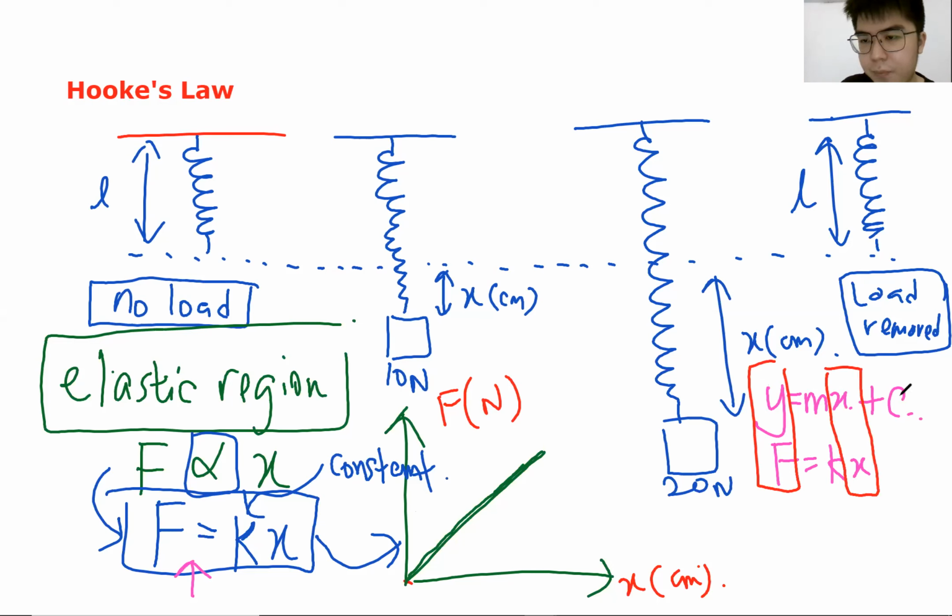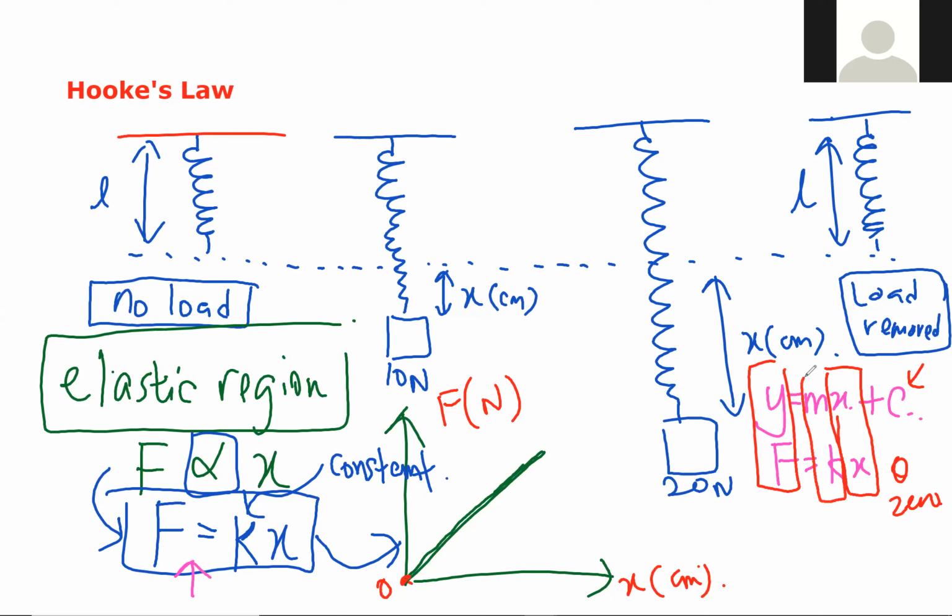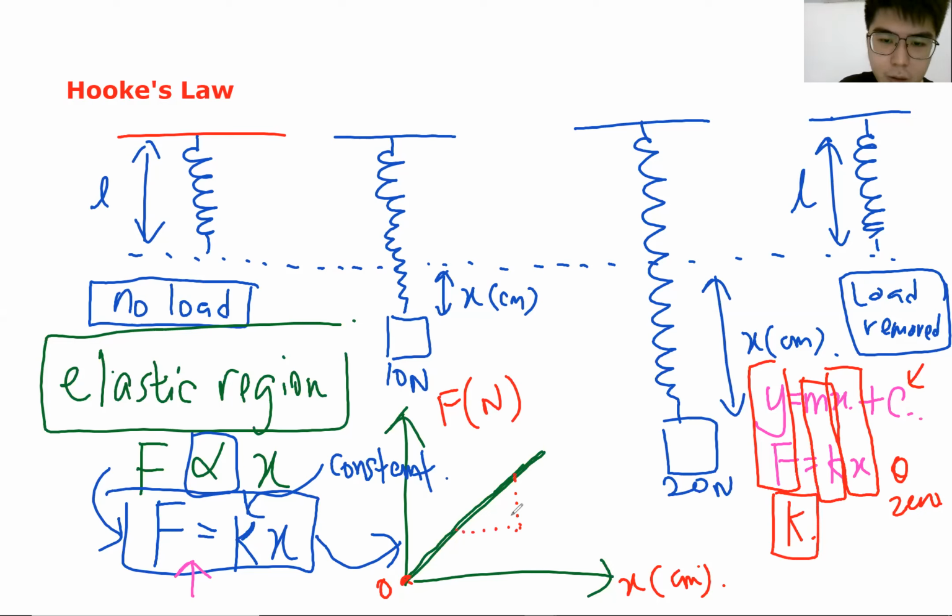The y-intercept, which is c, is 0, because nothing here, which is why my graph starts from 0, the green line. And m is the gradient, so the gradient is equal to this constant k. If I plot a small right angle triangle here, m equals y over x, and that is my k.